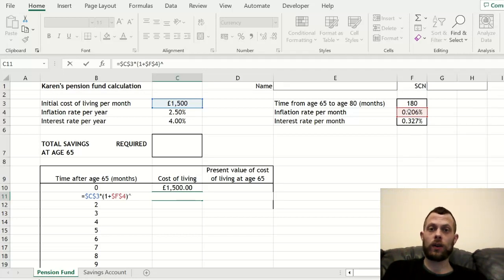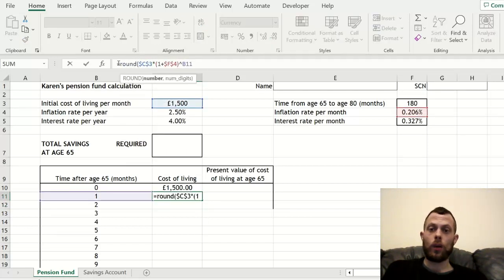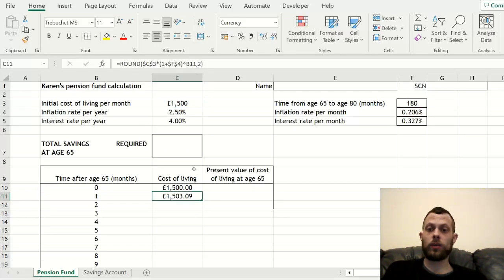So it's like compound interest, except it's inflation. And we have the number of months in the first column. We should also round this to 2 decimal places because it is money, although I don't know how this would be marked in practice if a question like this ever did happen. And then double click and fill down the formula.